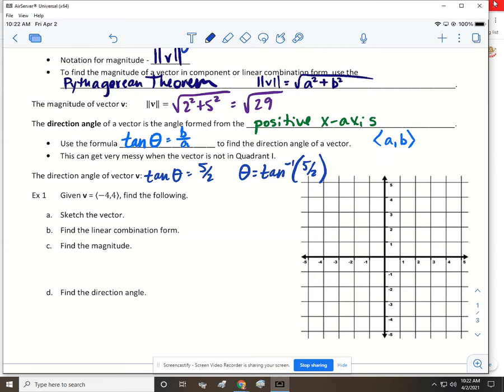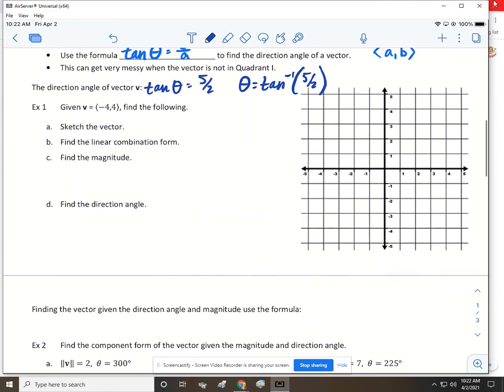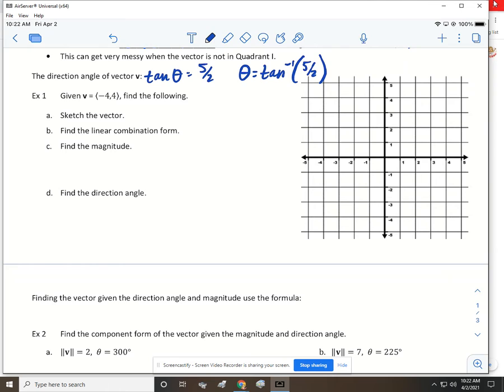All right, so on example 1, we are going to start off and just sketch the vector that the components are <-4, 4>. So left 4, up 4. So this is going to be the terminal point. So we will just draw a line segment from the origin to that point, and then we just draw a little arrow.